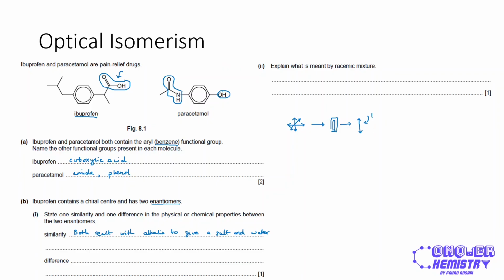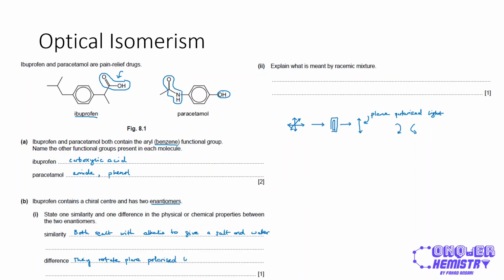So this is plane polarized light. One enantiomer is going to rotate light clockwise, and the other will rotate it anti-clockwise, right? So that is the difference. They rotate plane polarized light in opposite directions.